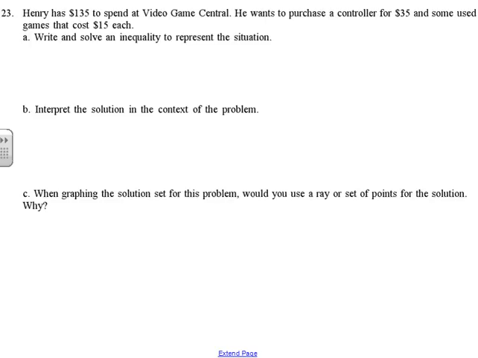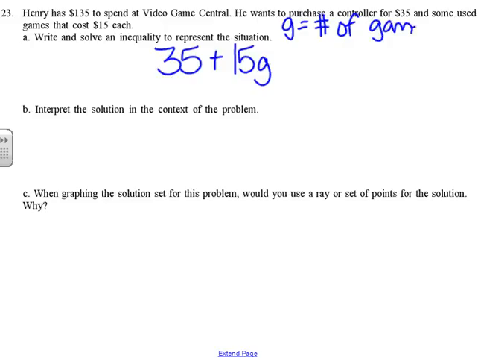All right, final one. Henry has $135 to spend. He wants one controller for $35 and some games for $15 each. So $35 is a one-time fee for the controller, and then it's $15 per game. So let's say G is the number of games. Okay, and he only has 135, so that's less than or equal to 135. Okay, now we're going to solve it.